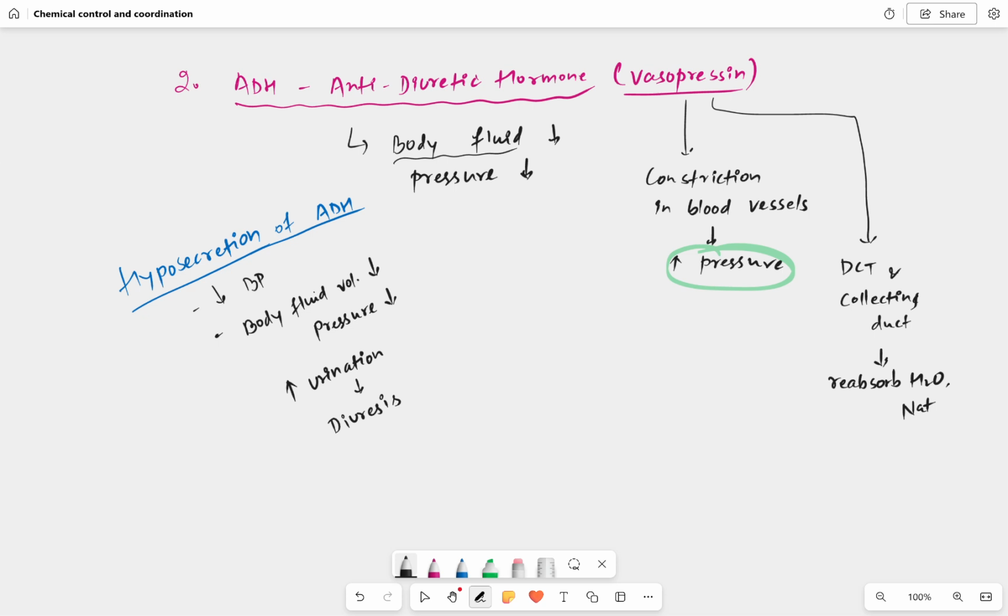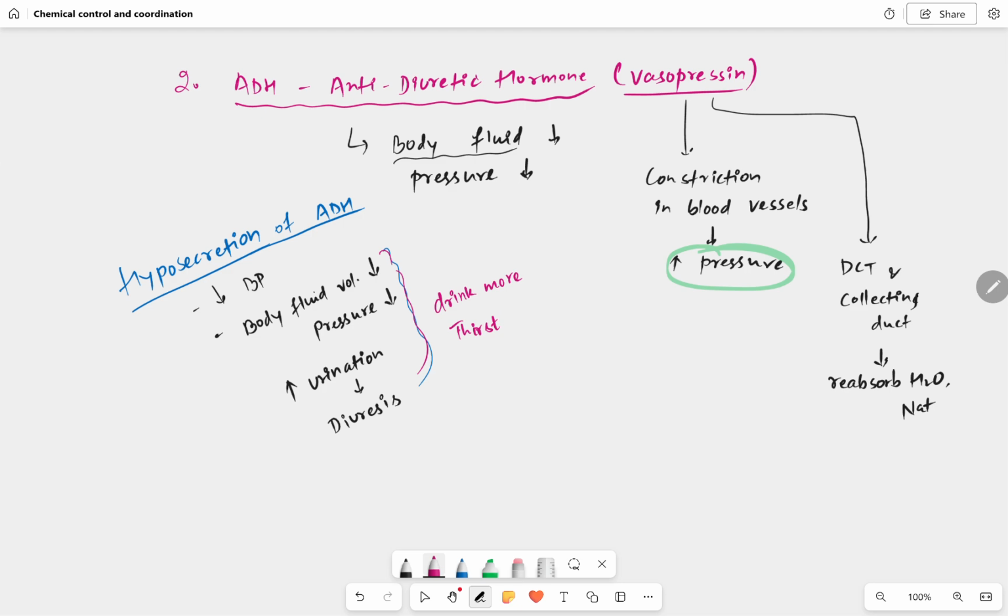To compensate this decreased body fluid volume and blood pressure, the person tries to drink more. That's why it is called a drinker disease, drinker situation. Thirst is increased.